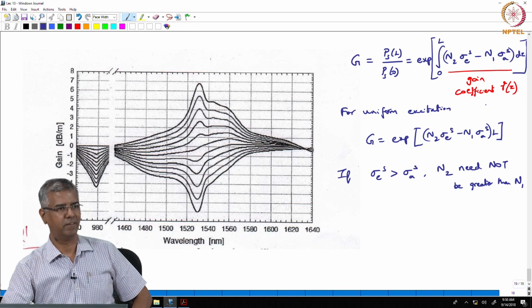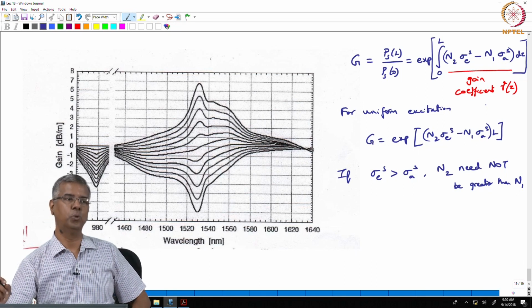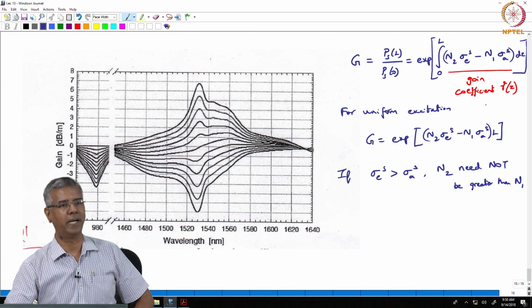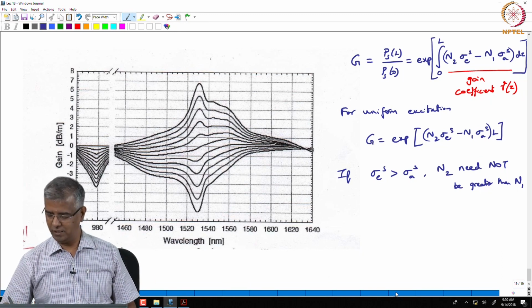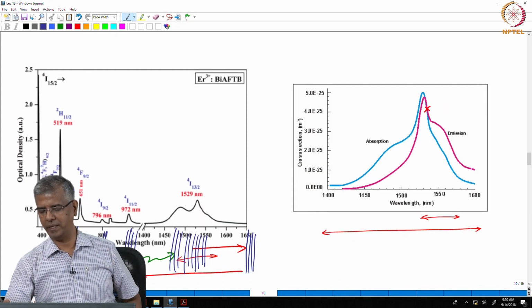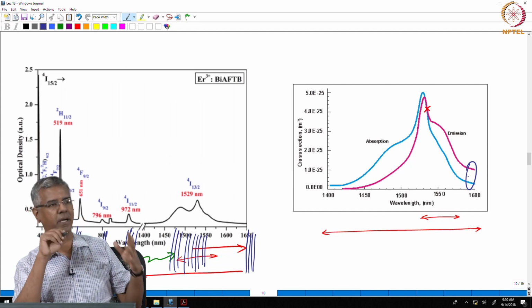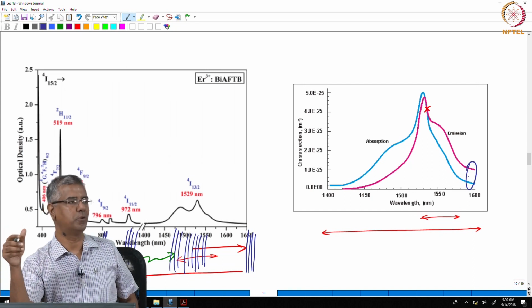That entire value needs to be positive, right. So, it does not mean that you necessarily have to have N2 greater than N1. You have an inversion, but in these regions over here, right, you have sigma A is almost 0, sigma E is a finite value.